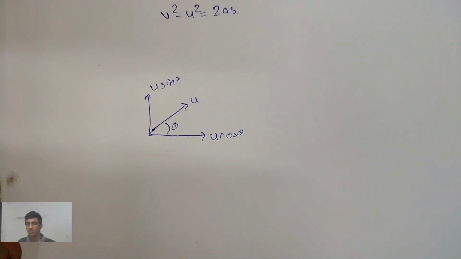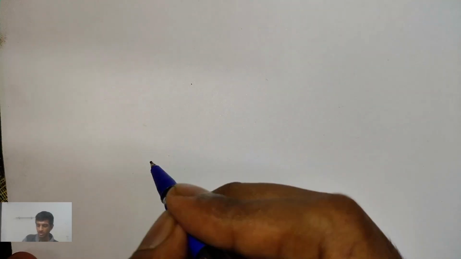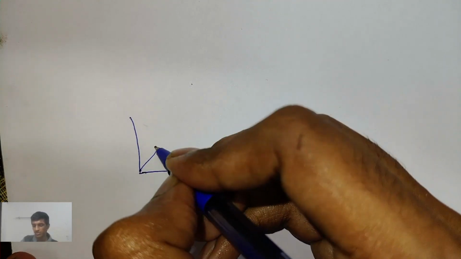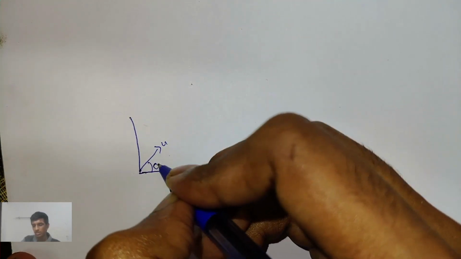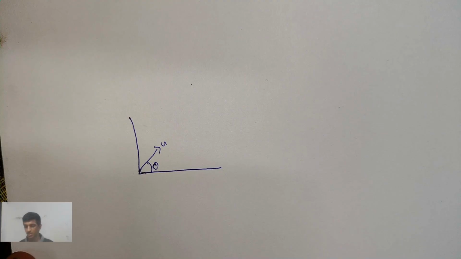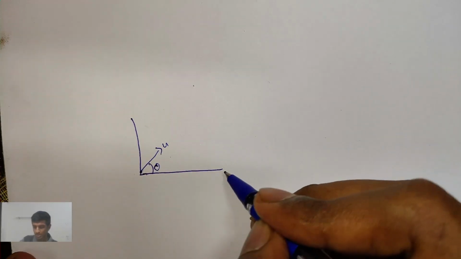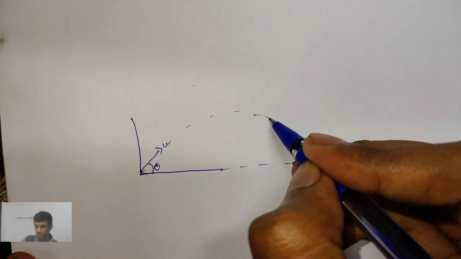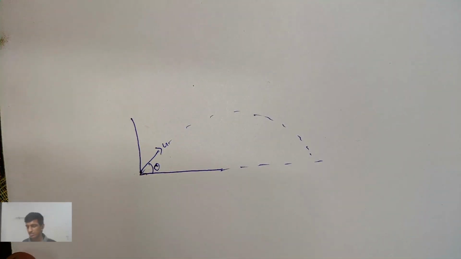So now let's understand what we need to study. We need to study the path that an object at, say, the origin with velocity u, thrown at an angle theta from the horizontal axis, will follow to get down here. Say this is the path it follows. We need to know the characteristics. What characteristics do we need to find?